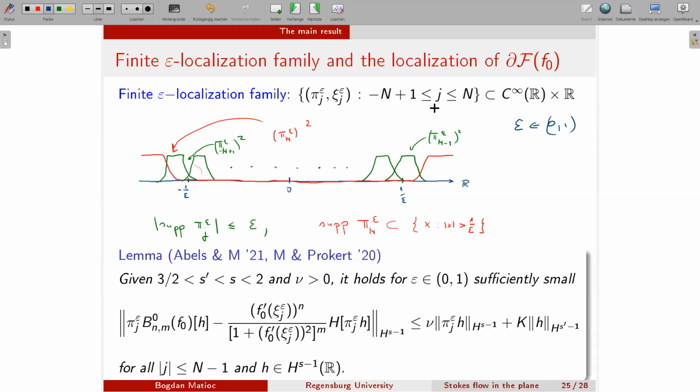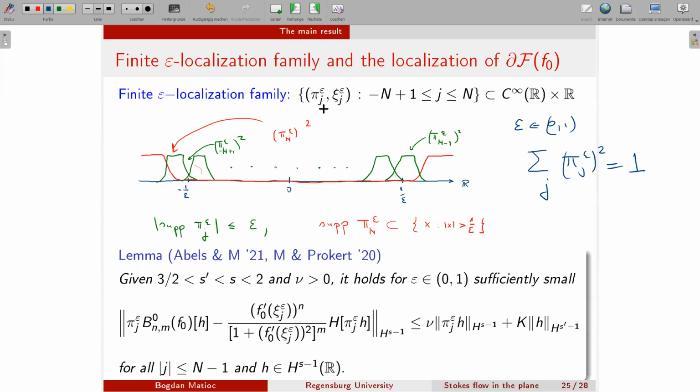It consists of a finite number of pairs (pi_j^epsilon, c_j^epsilon). pi_j^epsilon is a function, and c_j is a point in the support of pi_j. And these functions are chosen such that the sum of pi_j^epsilon squared is 1. So this is a partition of unity, the sum over j. This is a finite partition. We have here capital N, which depends on epsilon. The smaller epsilon is, the larger is capital N.